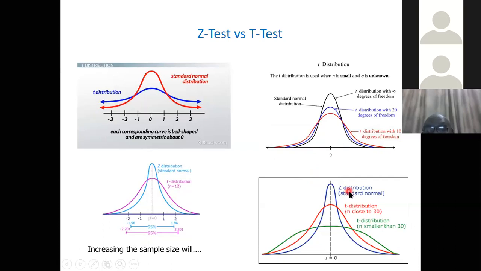Now, look at this graph also. The fourth one is still describing the same thing. Z is the blue, and red is the T distribution close to 30, then the distribution with less than 30. As it increases close to 30, past 30, it will be like a normal distribution.